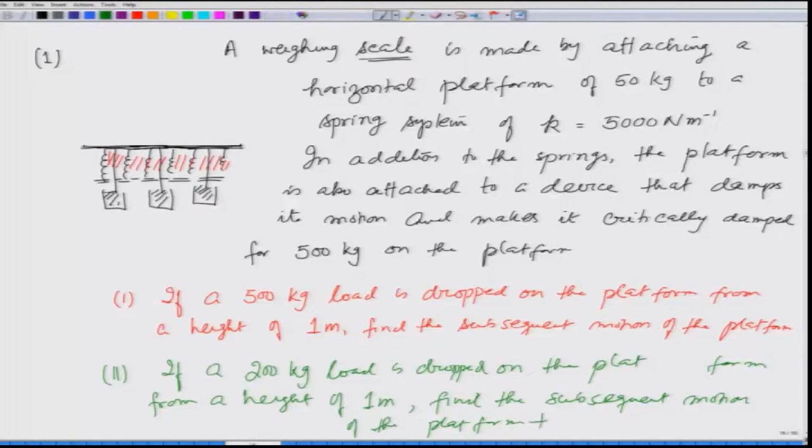I should write platform plus the load. In the top problem also platform plus the load, because the load remains on the platform.